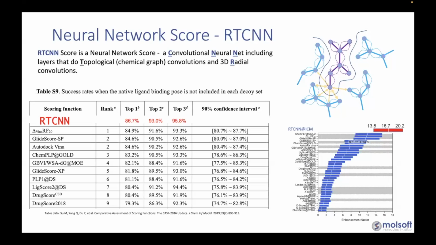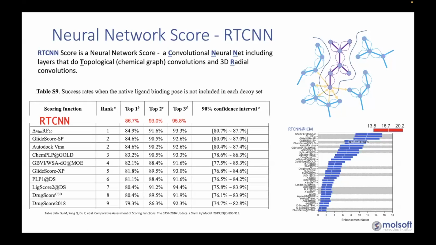So we have one physics-based score, which I'll talk about in a minute, and this neural network score as well. The RTCNN is trained to distinguish native-like complexes from decoys based on the geometries of the putative complexes in the PDB.